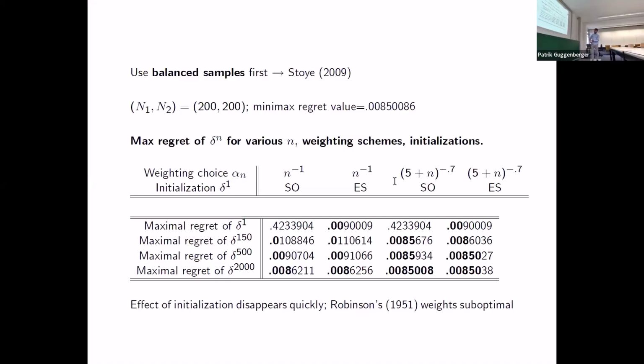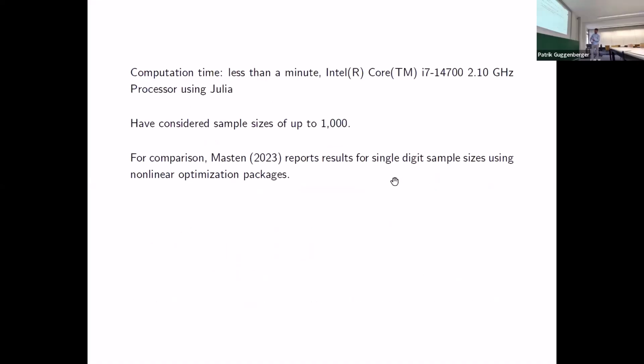We also find that the weights that we suggest lead to quicker convergence. If you compare this column with this column, we are getting a smaller maximal regret. So initialization is not so important. What is important is to pick a reasonable weighting scheme.